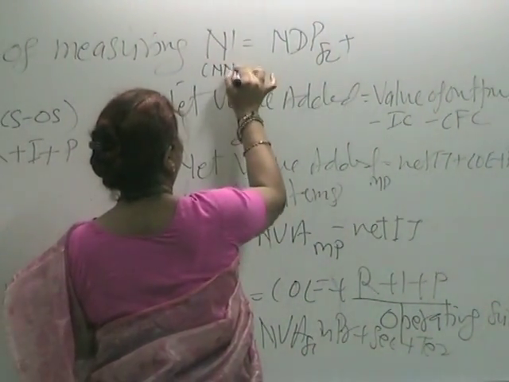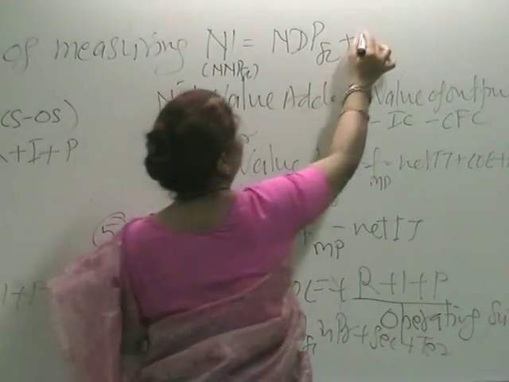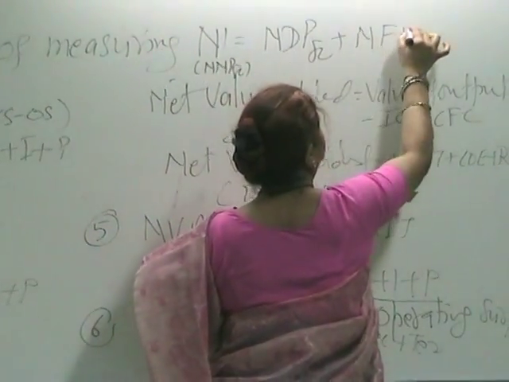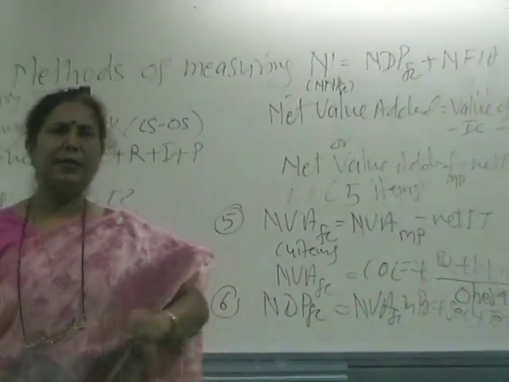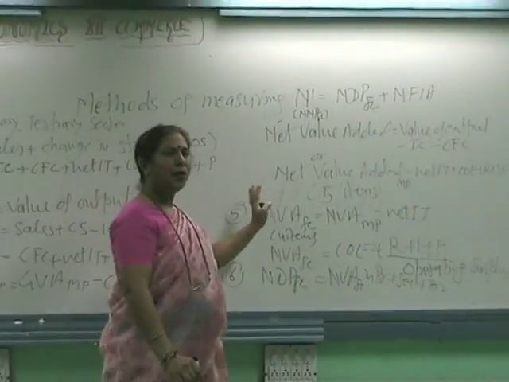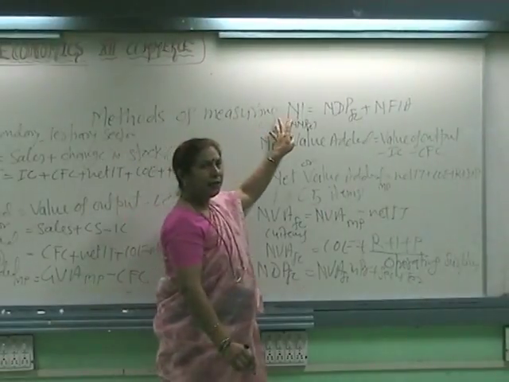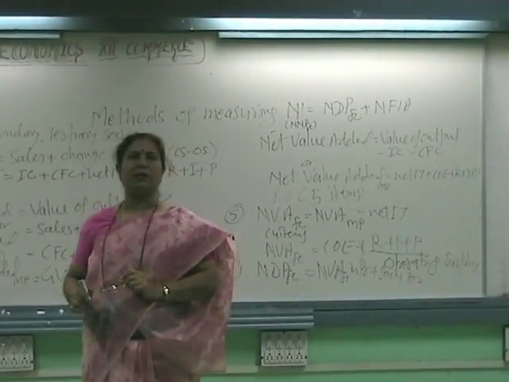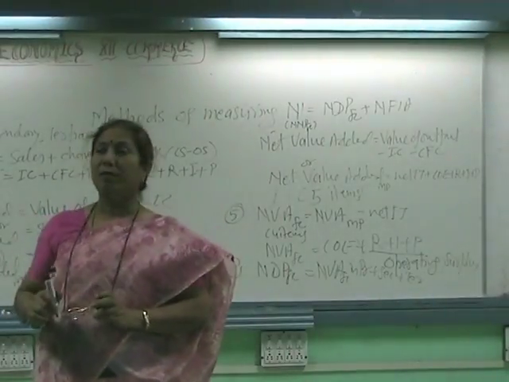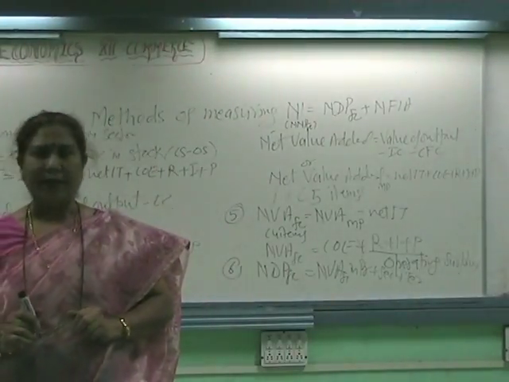Tell me now. NDP at factor cost plus NFI, net factor income from abroad. So these are the various steps to find out national income by product method, or we call it as output method or value added method.